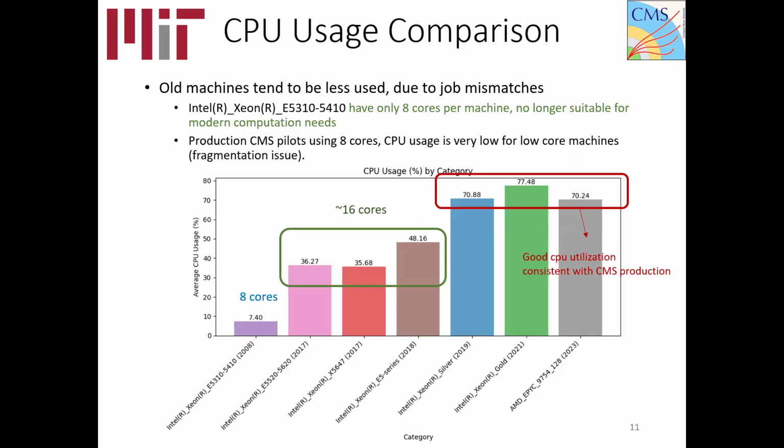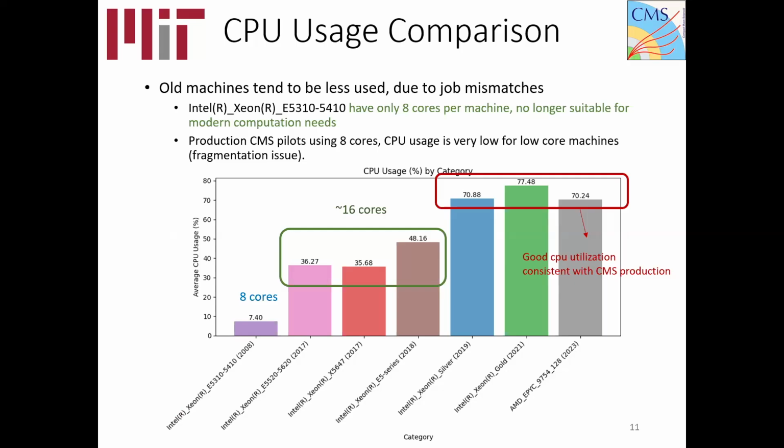So for the hardware that is less than 5 years old, it typically has a very good CPU utilization. It has the CPU efficiency at about 70 to 80%, and this is consistent with the CMS production. As for the older hardware, which is older than 6, 7 years, you can see the efficiency drops below 50%.